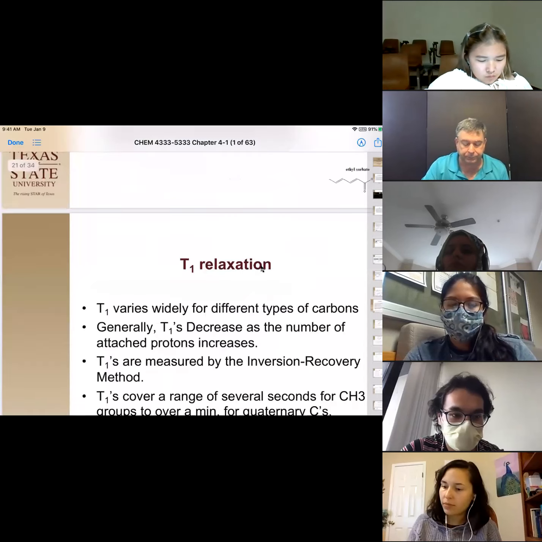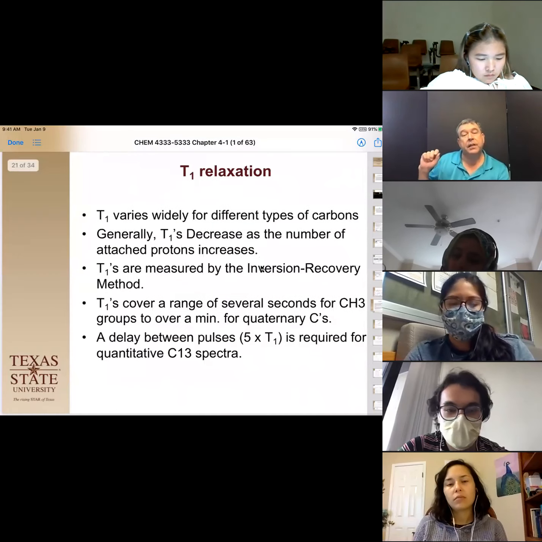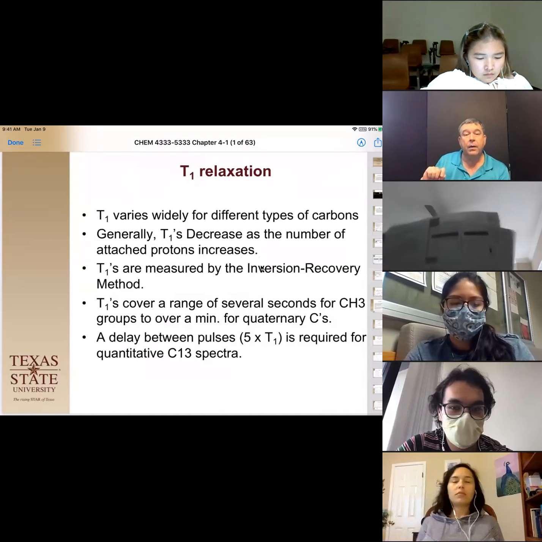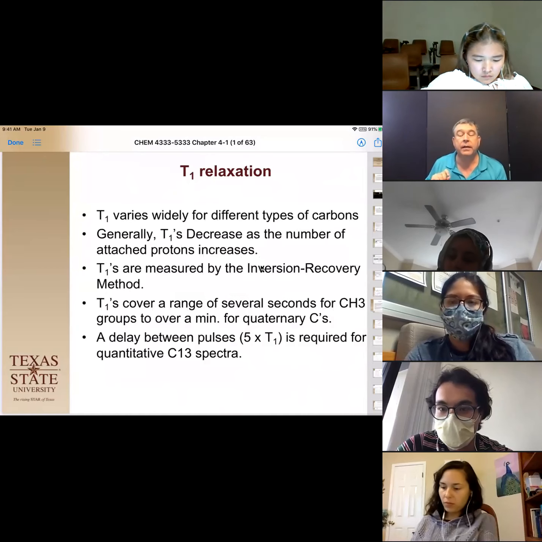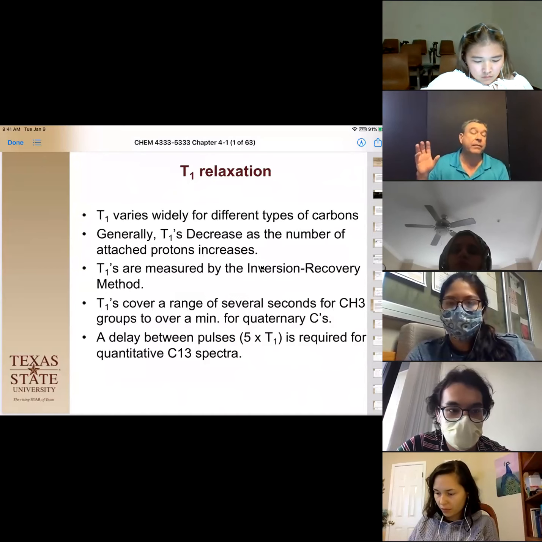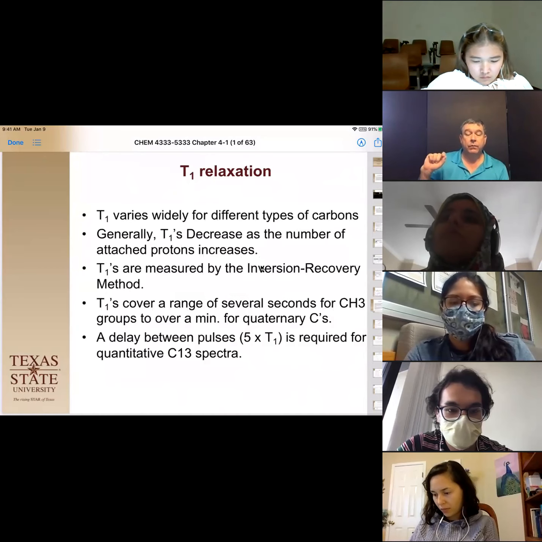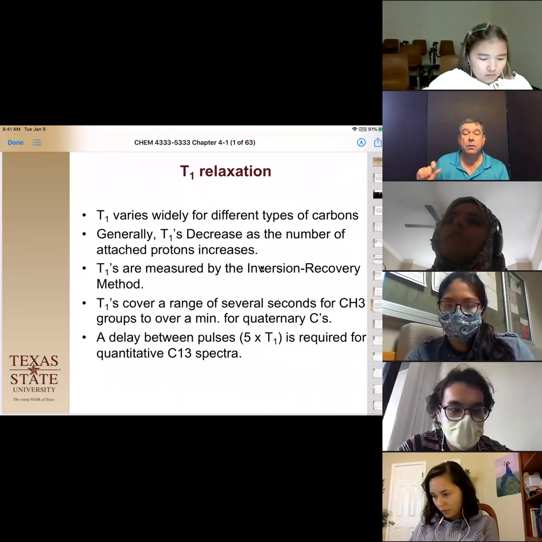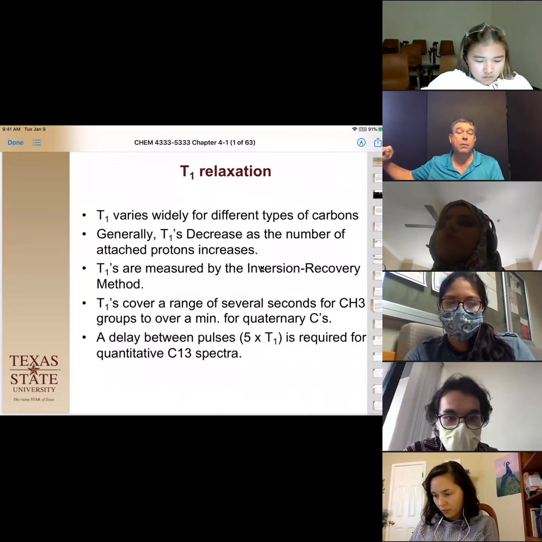Now, why? Again, for hydrogens, our relaxation time is quite quick. However, because the more hydrogens you have on it, the faster it relaxes, you can have 3 to 5 seconds as a decent relaxation time for CH3. However, for a quaternary carbon, it can take a minute or 2 to fully relax, meaning you have to wait that entire time and listen to your entire spectrum before you can stop.